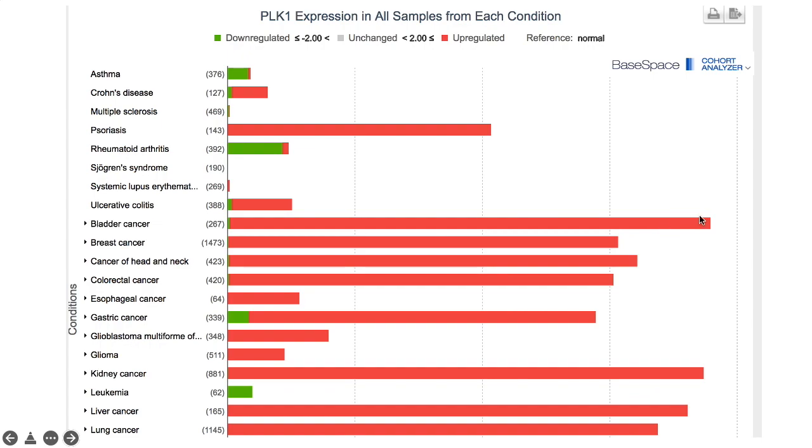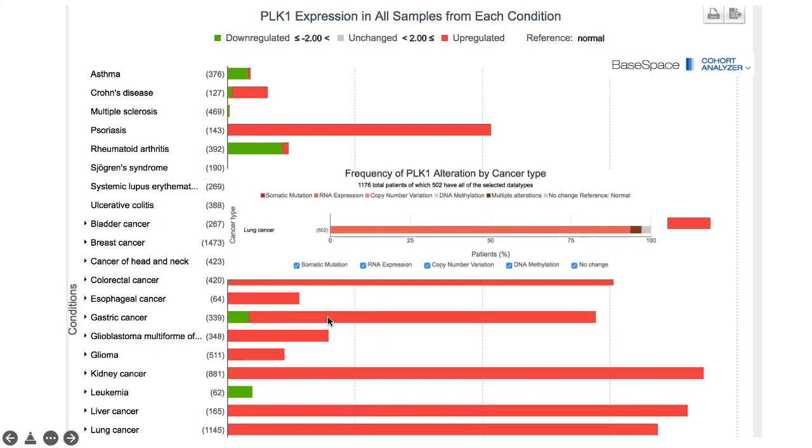Almost 100% of the samples have elevated levels of polo-like kinase 1, right? And if we go down to the lung cancer one, do a close-up here, it's like 97% of these samples have some alteration of polo-like kinase 1. Either it's upregulated or you actually have multiple copies, right?